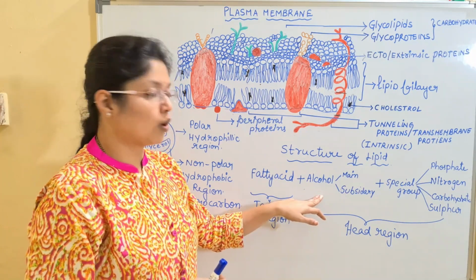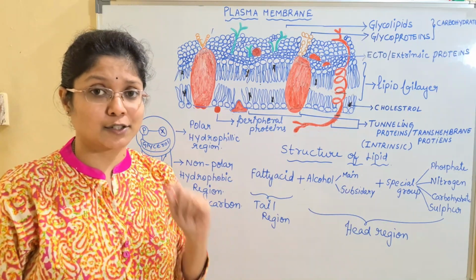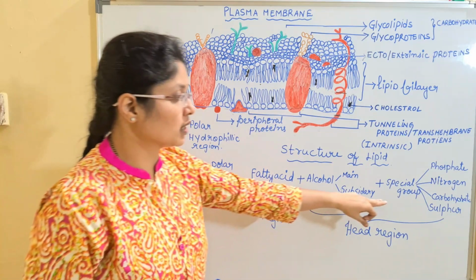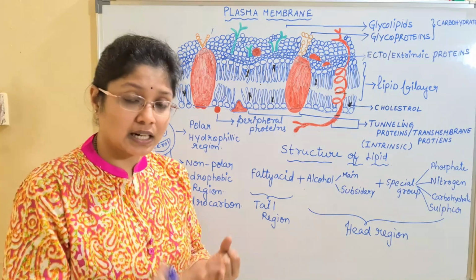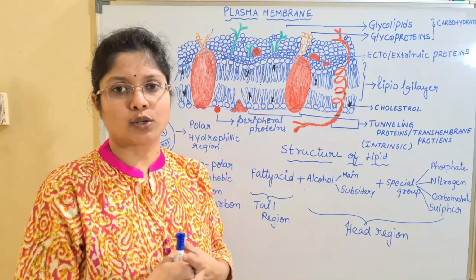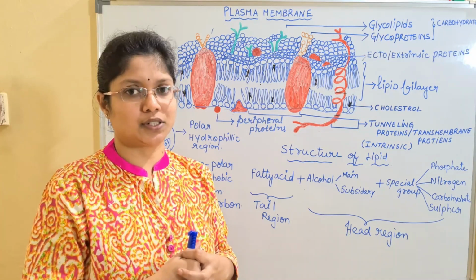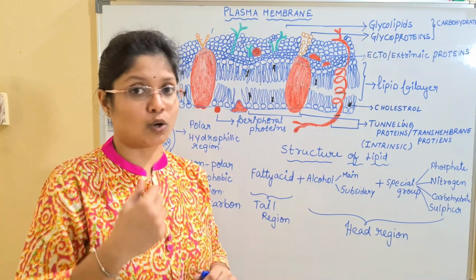Along with these alcohol entities, we have a special group attached to this head region. And what is the special group? It can be any molecule like phosphate, or a nitrogen, a sulfur, or a carbohydrate. Different types of molecules will be attached in the head region. So based upon that, we have the classification of lipids present on the membrane.